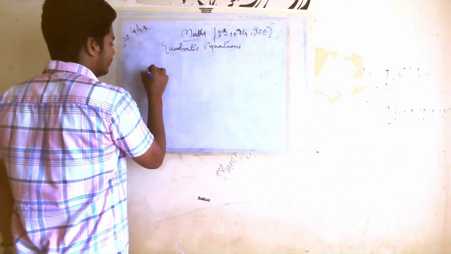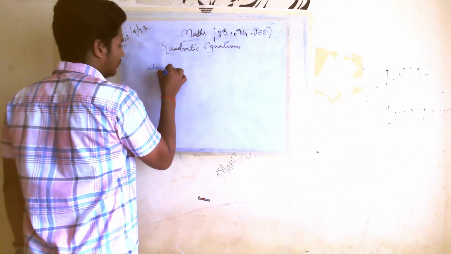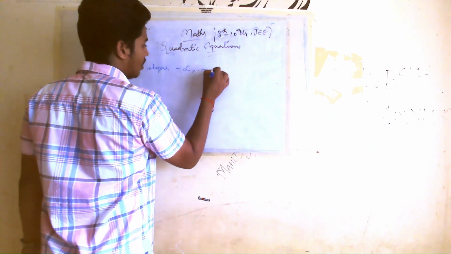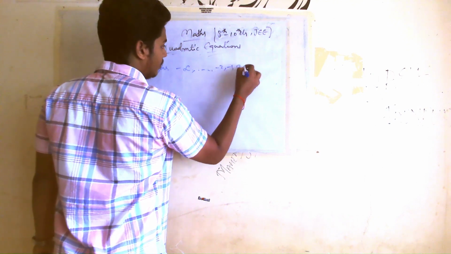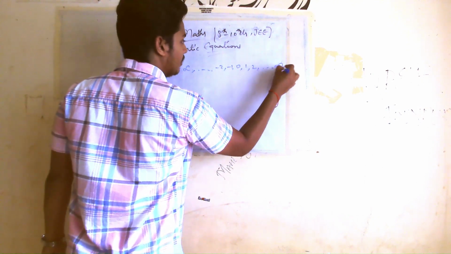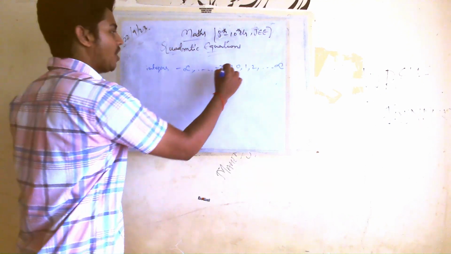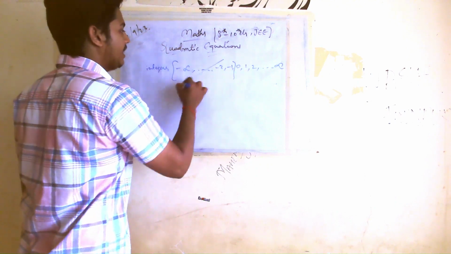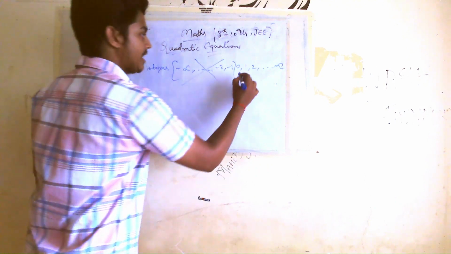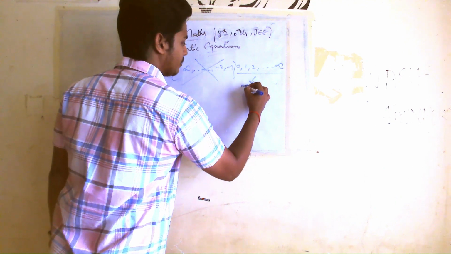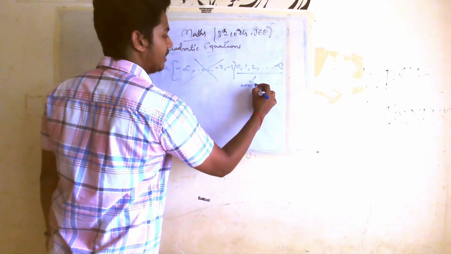What do you mean by non-negative integral power? Integers are minus infinity to so on, minus 2, minus 1, 0, 1, 2, up to infinity. These are integers, right? In this, these are negative integers and these are non-negative integers.